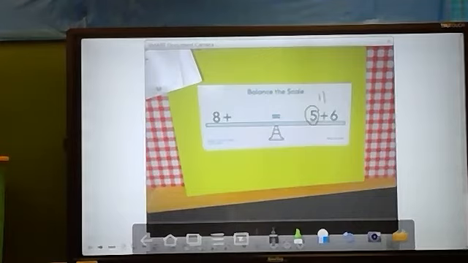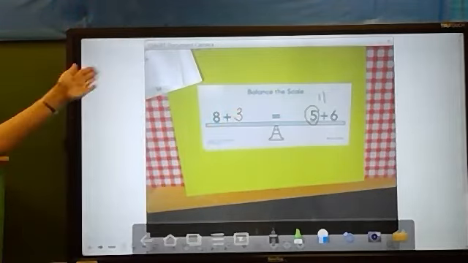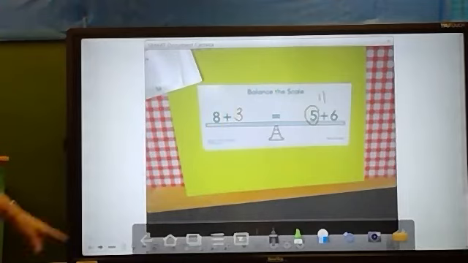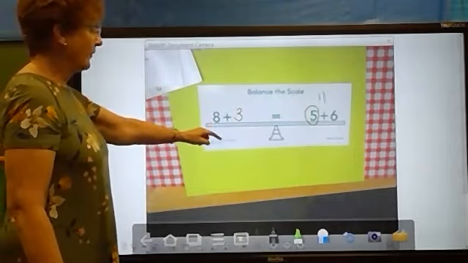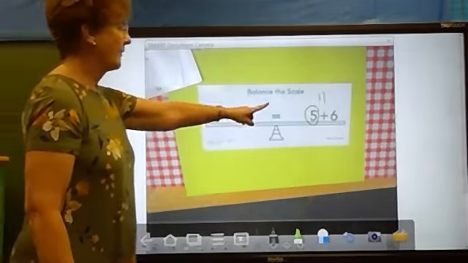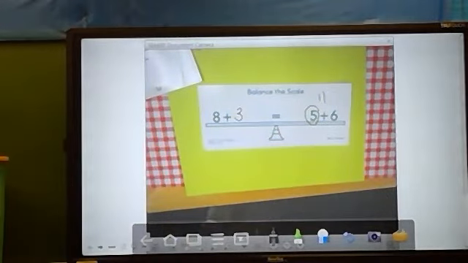Can you figure what it is? If you said 3, you're correct. And now my scale is balanced because 8 plus 3 equals 11. Therefore, it's equal to 5 plus 6 because it equals 11.